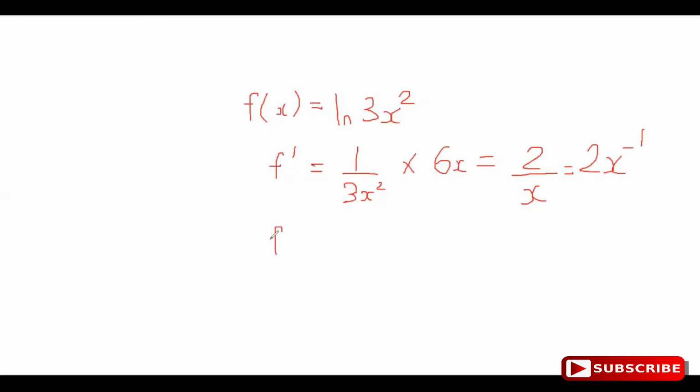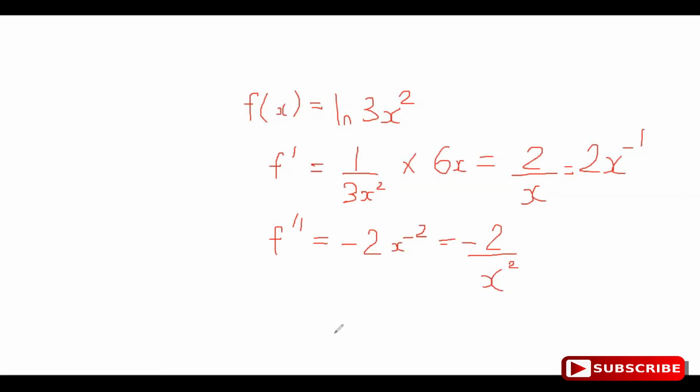And now we need f double prime of x. We bring down the power to get negative 2x to the minus 2, subtracting 1 from the power. And so we end up with minus 2 over x squared.